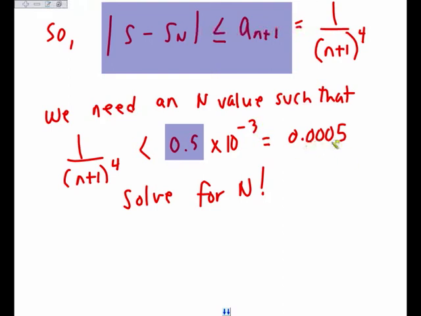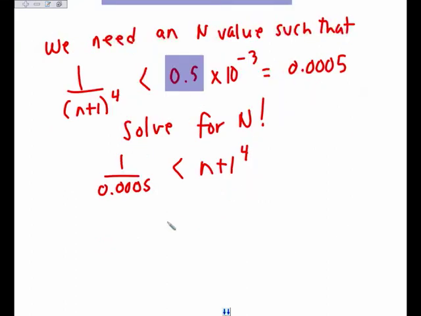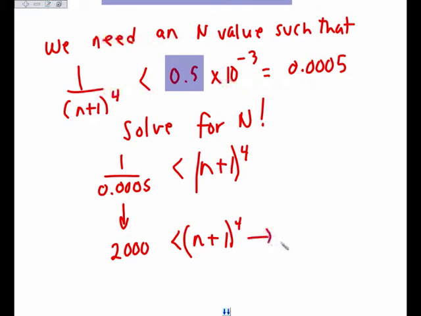And so here we go. Let's solve for n. By doing so, we're going to have 1 over 0.0005 is now less than n plus 1 to the 4th. Well, this guy right here, that's just a fancy way of writing 2,000. So 2,000 needs to be less than n plus 1 to the 4th. Okay, from here it's not too bad. We would say that n plus 1 is greater than the 4th root of 2,000.